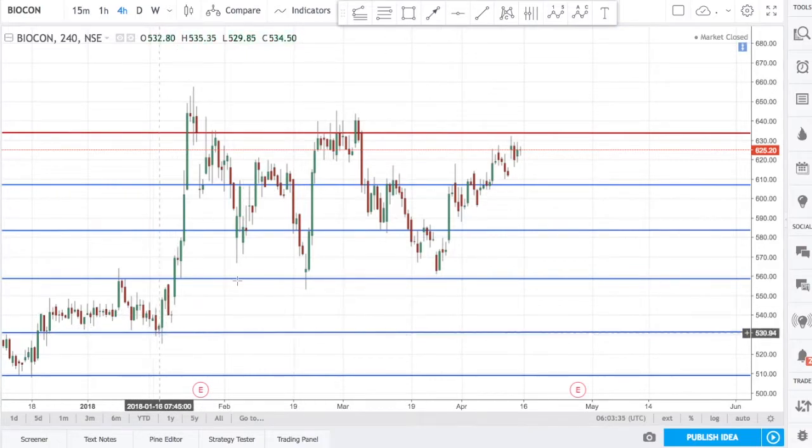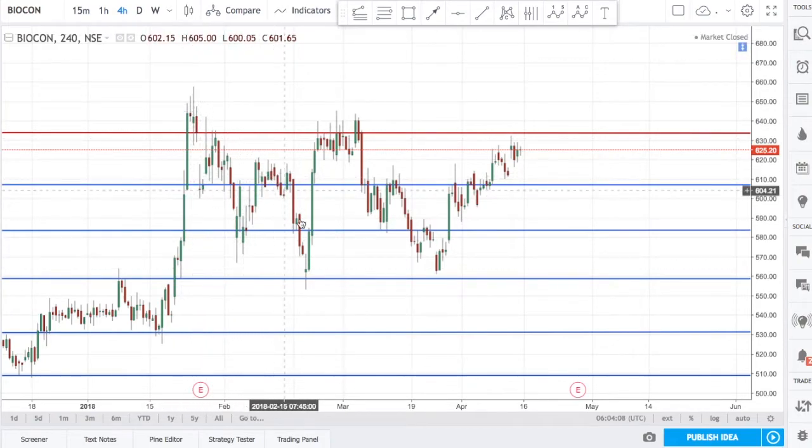After making this move here, Biocon made a lower low retracement, then a move up, breaking above this lower high, once again pushing down, and again breaking through this lower high.